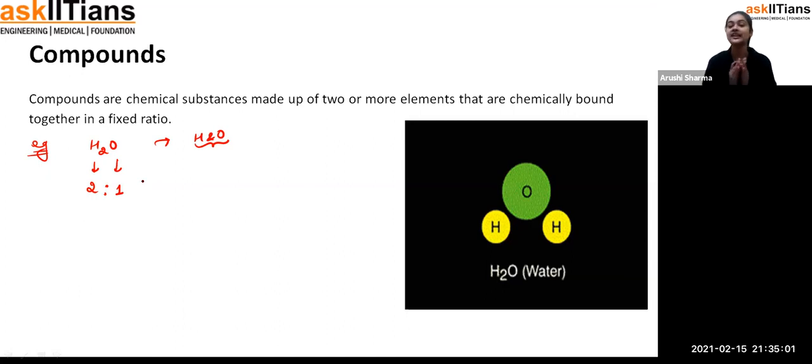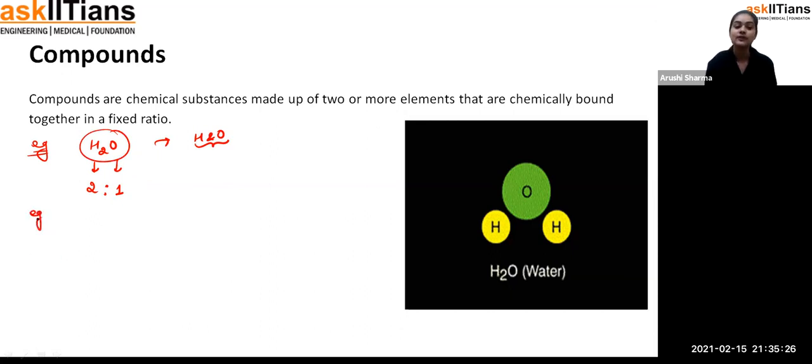That will be only H2O. Two hydrogen will be bonded with one oxygen. So that will be the fixed ratio. It is not going to be changed under any condition because they are chemically bonded to each other, and that's how we call it a compound, because it is the combination of two elements.